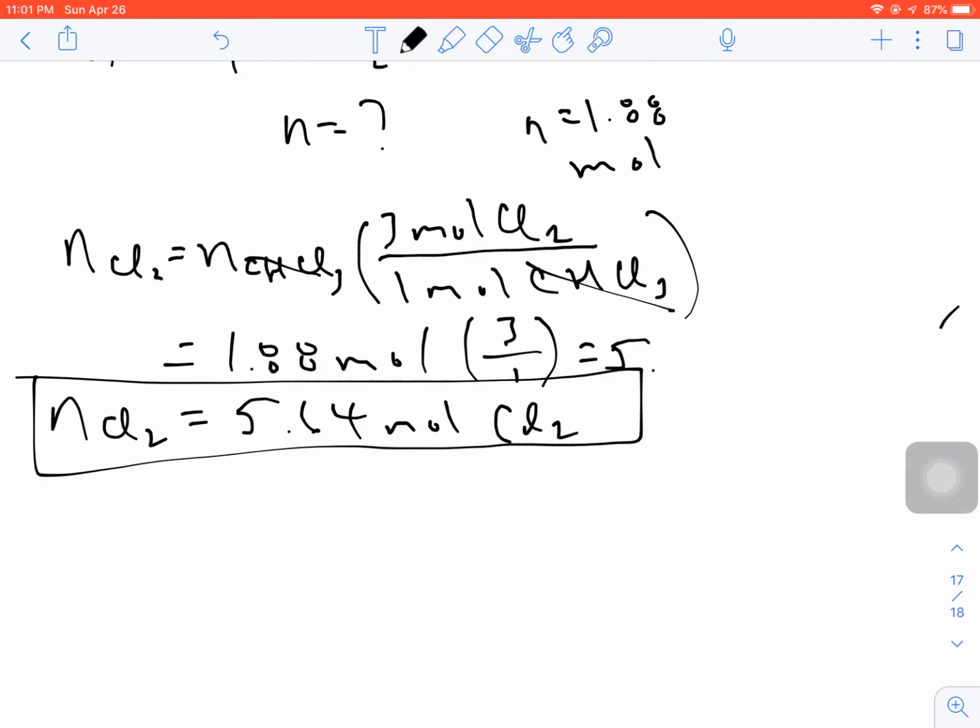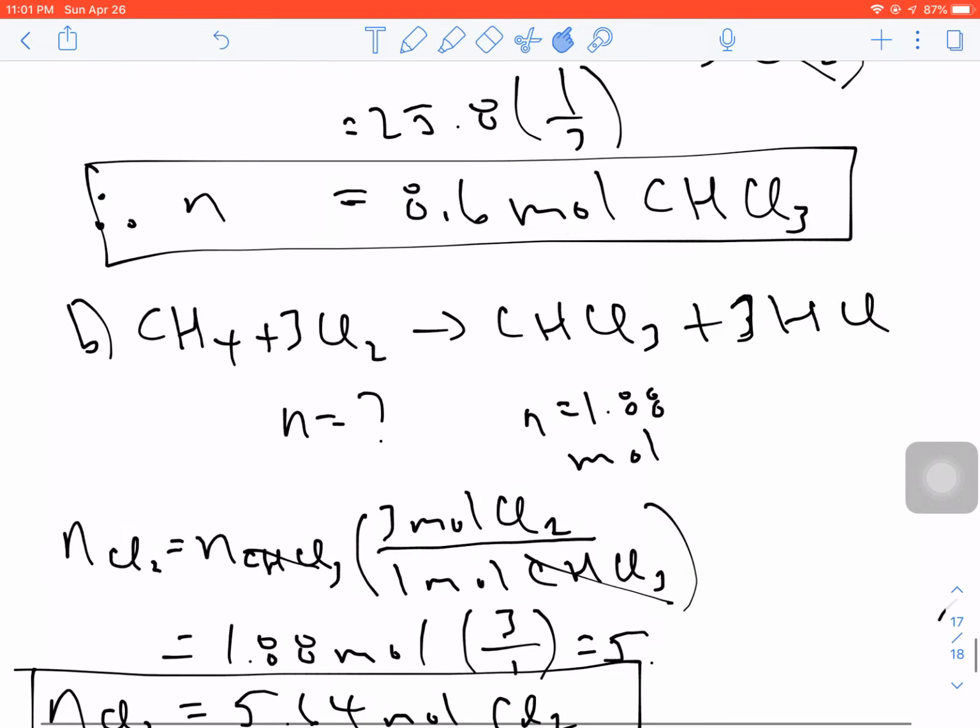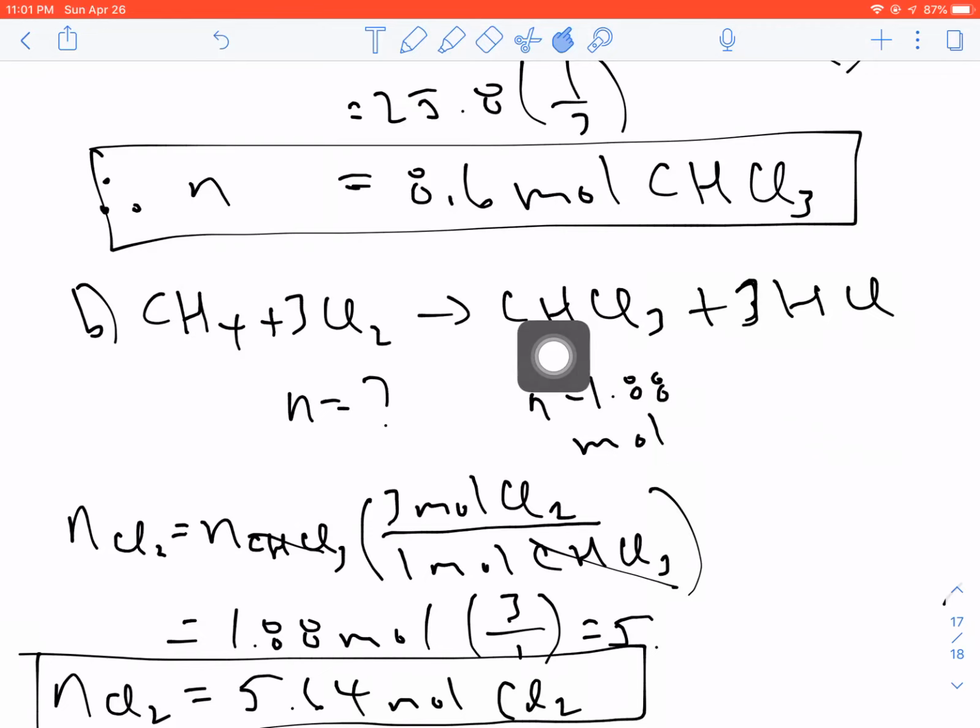So what that's telling me is that if I want to make 1.88 moles of chloroform, I need to use 5.64 moles of chlorine. Now notice there's an important question that I'm ignoring here intentionally. Second question, that question is, what about the other reactants? We don't know how much of this is here.